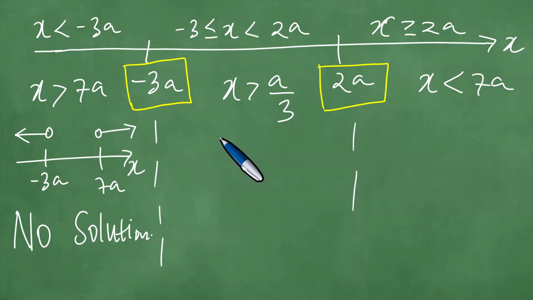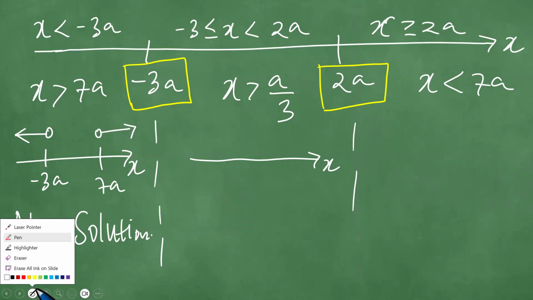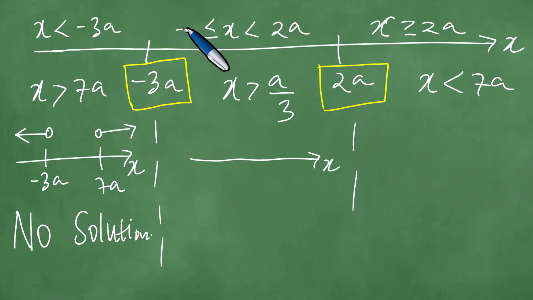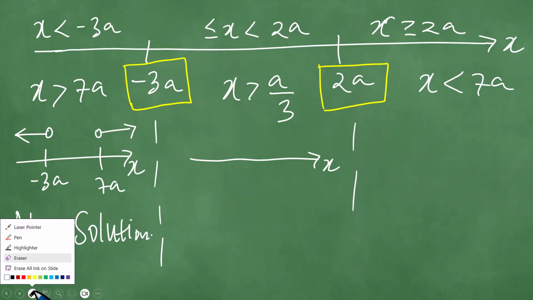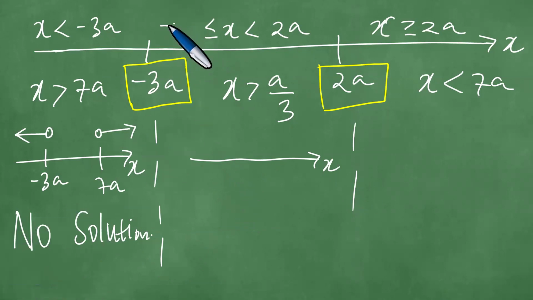In the middle section, we analyze and think carefully. We plot our real line again, and we analyze and think. Here we need to realize that we have minus 3a.